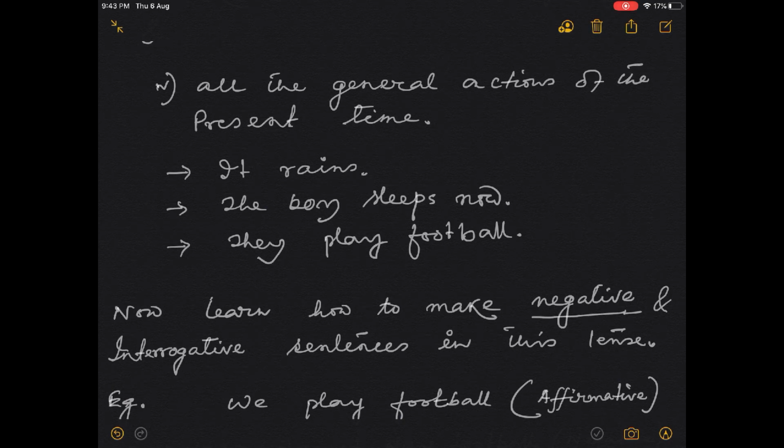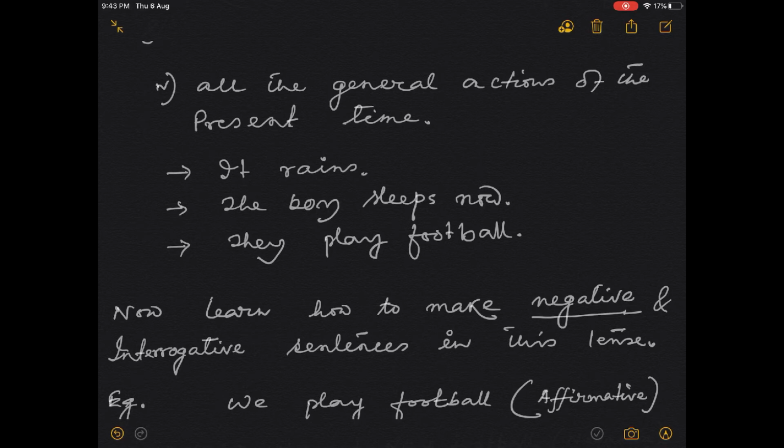They cook. This and that. So many are there. All the present activities, all the normal day-to-day activities of present time are expressed in terms of the syntax of present indefinite tense. So, you saw the scope of present indefinite tense.